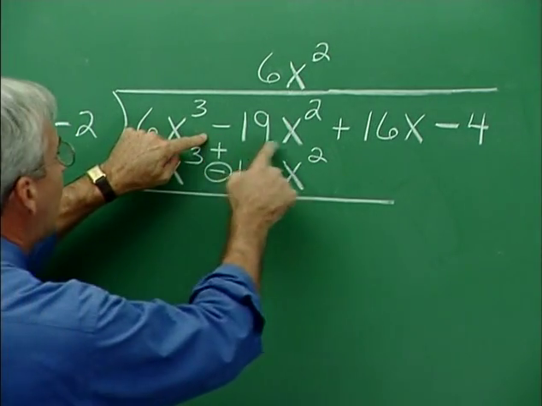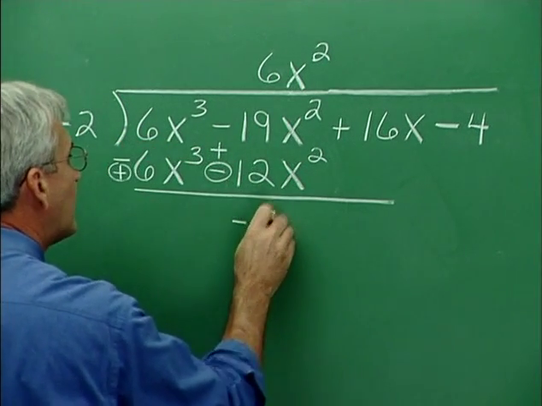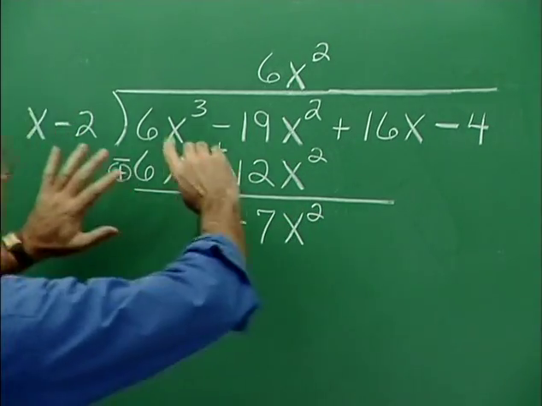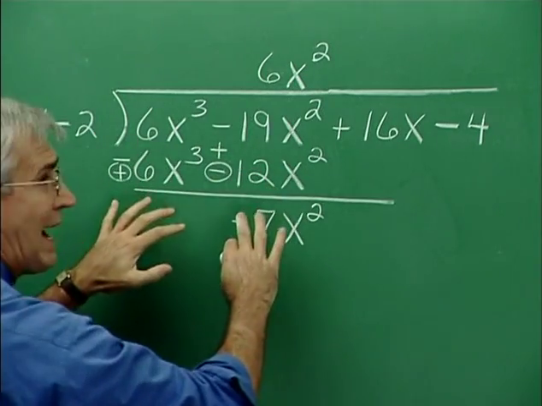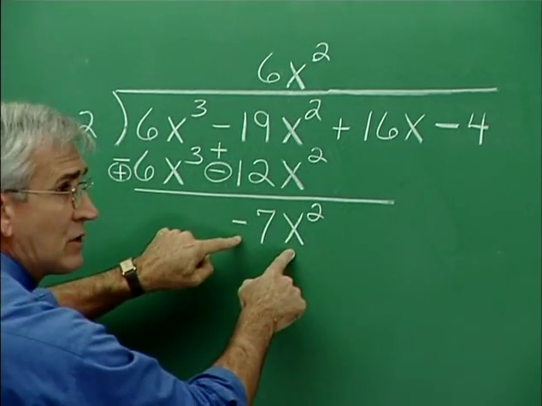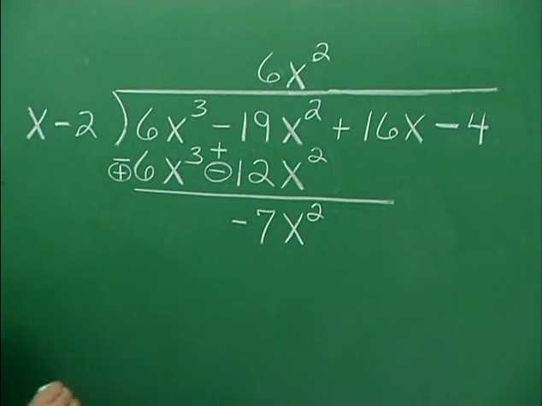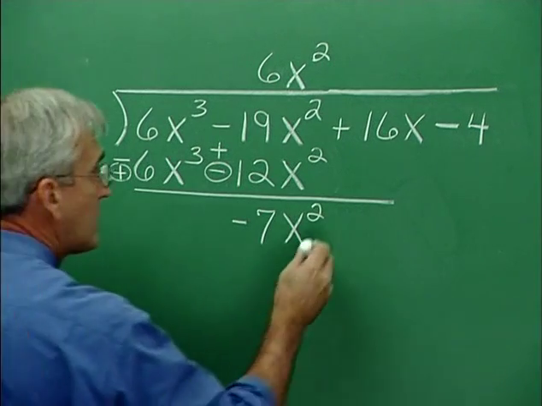All right, I'm collecting negative 19x squared with plus 12x squared. That's negative 7x squared. So we've identified the item up here, multiplied, and subtracted, and we get this as the result. This is the difference of those two. Now our prescription in long division would be to bring down the next term and start the process again.